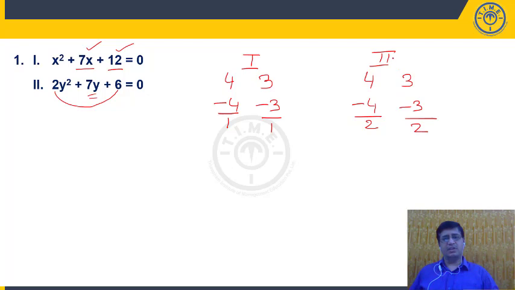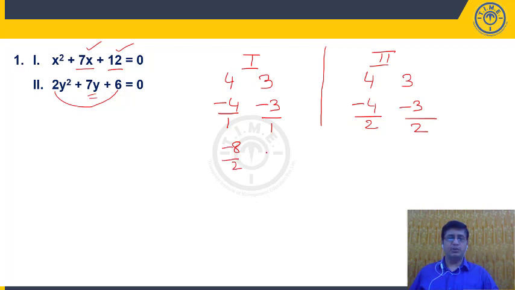Whereas in the second quadratic equation, the coefficient of y square is equal to 2, so divide by 2. Now in these two values, just observe the comparison of the roots of the first equation with the second equation, which is greater. By making the denominator the same, we can compare very easily. Here the LCM is 2, cross multiply. So what is the result?